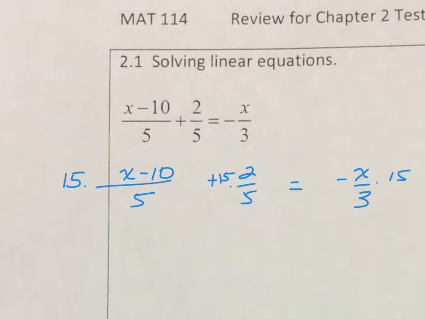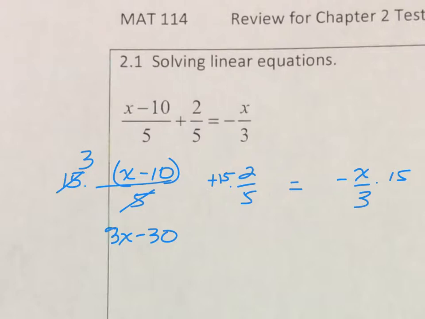Okay, let's see what happens here then. 5 is going to cancel 15 and make 3. And that 3 I've got to multiply by the x minus 10. So throw some parentheses around the x minus 10. And that'll give you 3x minus 30.